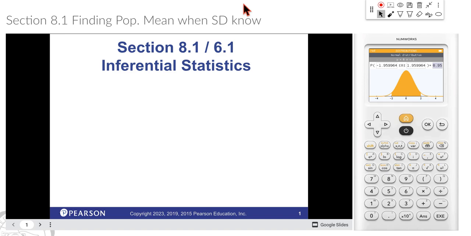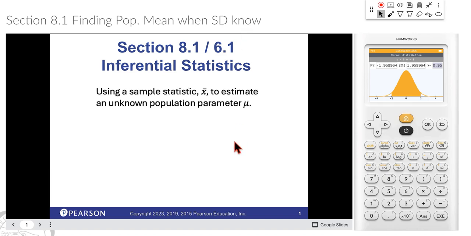And what we're going to start with is we are going to take a sample statistic, the mean, x bar, and we're going to use that to estimate an unknown population parameter, the mean, symbolized by mu. Okay, so remember these symbols are different.